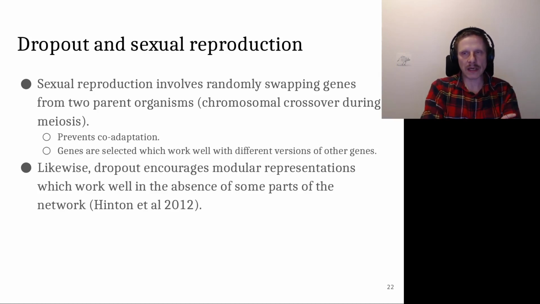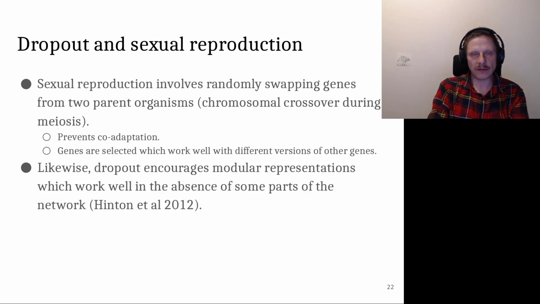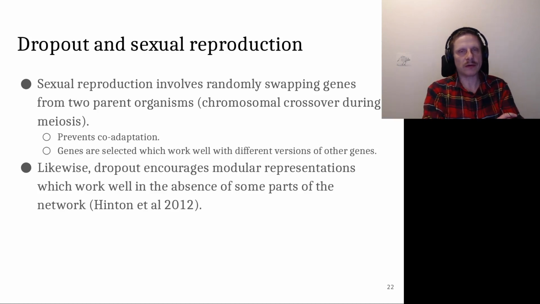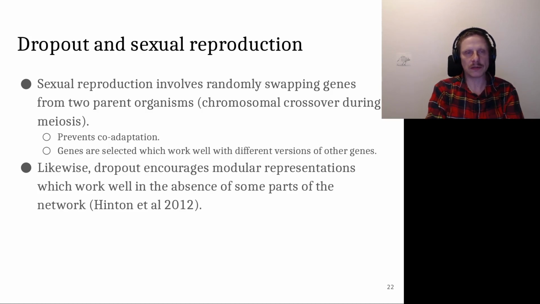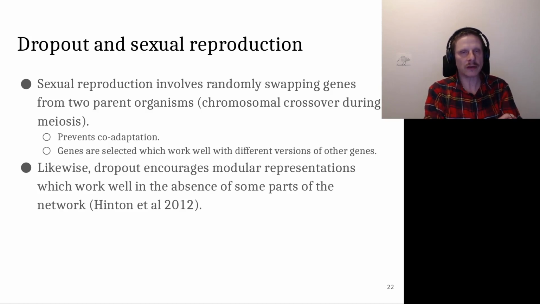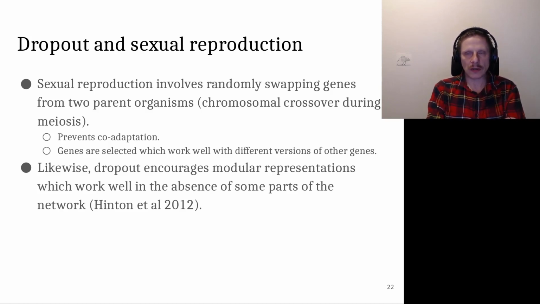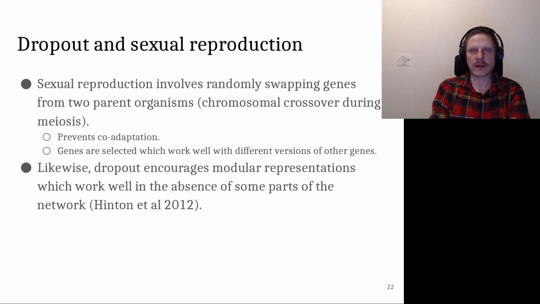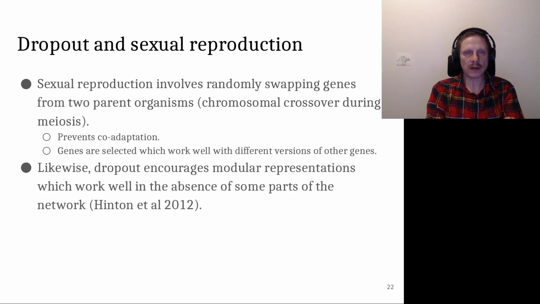So the Hinton et al. 2012 paper makes a connection between dropout and sexual reproduction from biology, and this is an interesting connection that I wanted to briefly mention. In biology, sexual reproduction involves randomly swapping genes from two parent organisms.